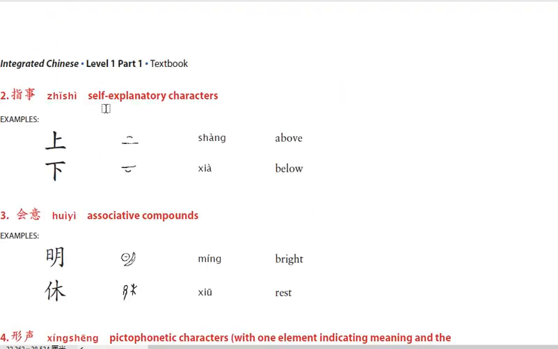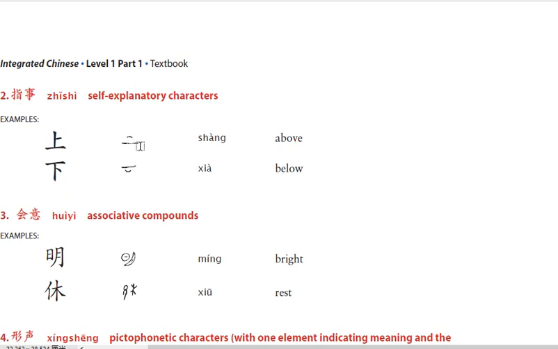The second category is called 指示, which means self-explanatory characters. What does this mean? Let's see the example. For example, 上 means above, 下 means below. These are the Oracle Bone script, and those are the modern script.